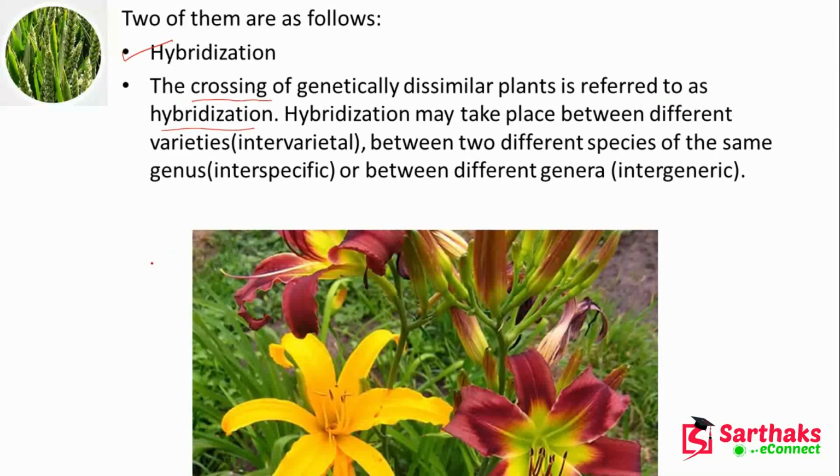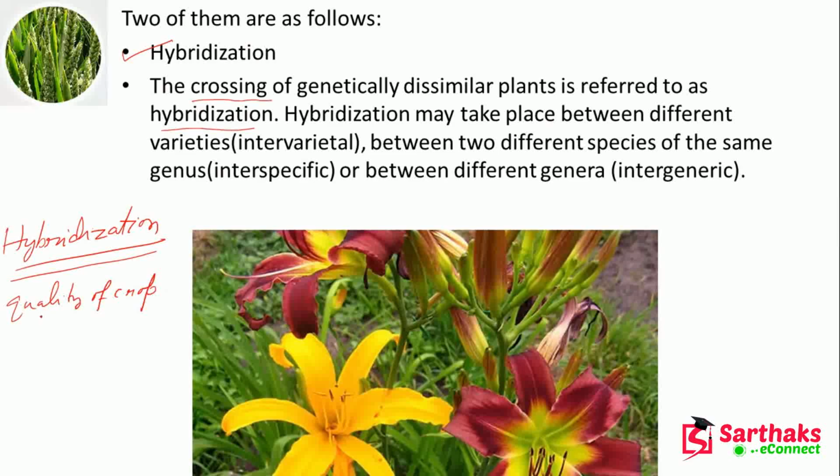So hybridization, this is the method using which we have improved the quality of crop, and it has been seen that these crops are resistant to the insects also.